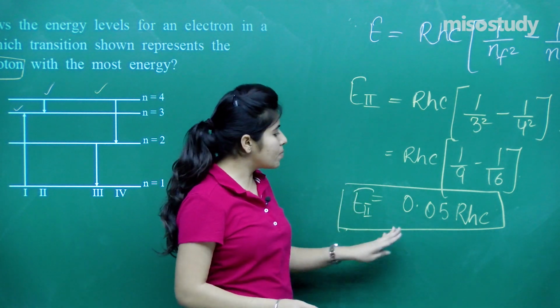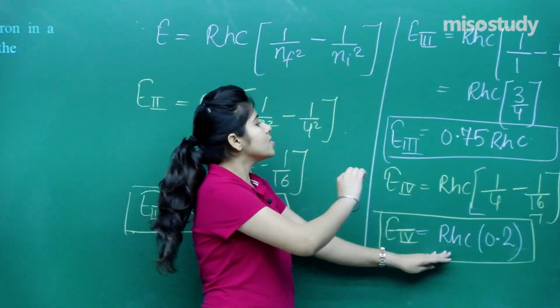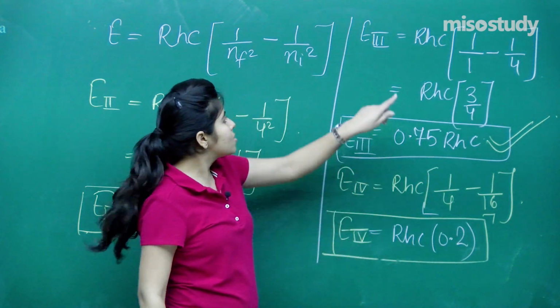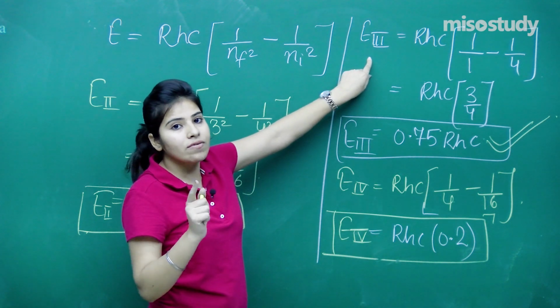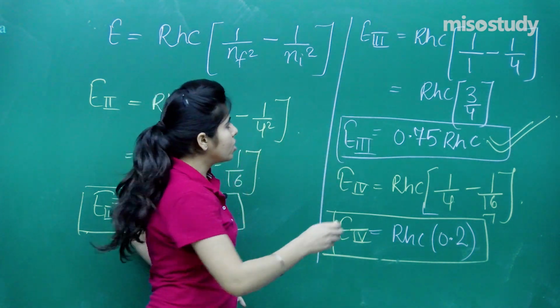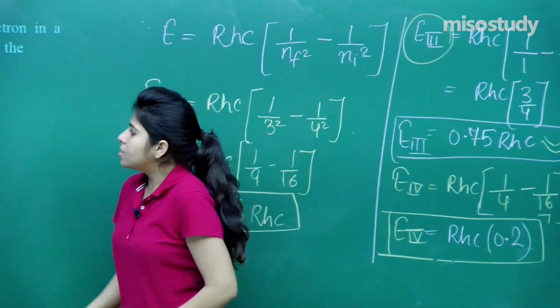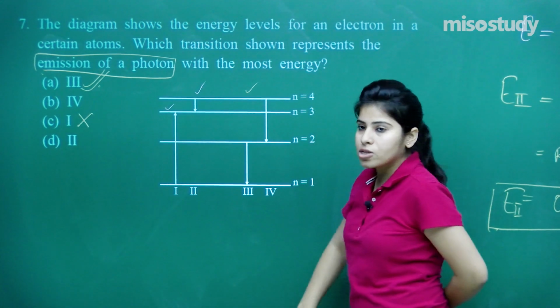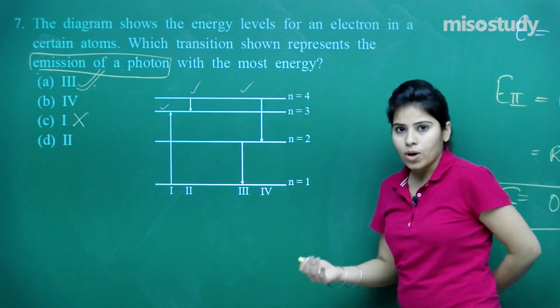Now, among these values 0.05, 0.75 and 0.2, 0.75 is the maximum energy. That means if it is taking the transition from 2 to 1, that will give us the maximum energy, and this is the third one. So this will be the correct answer for this question. The third one is coming from 2 to 1.